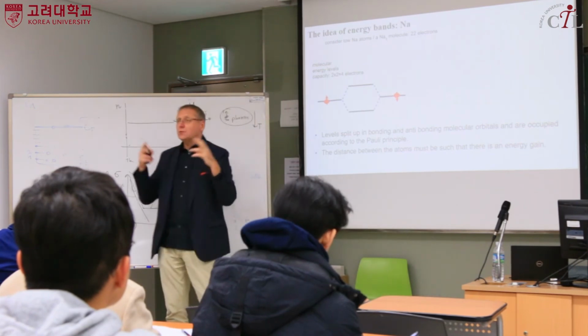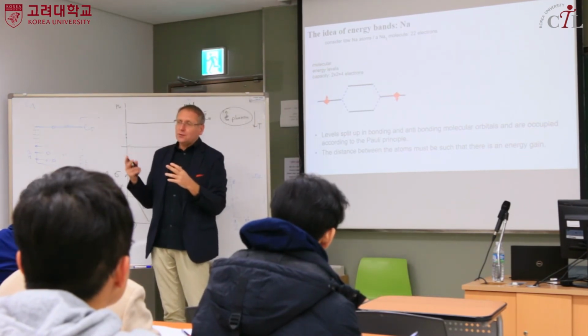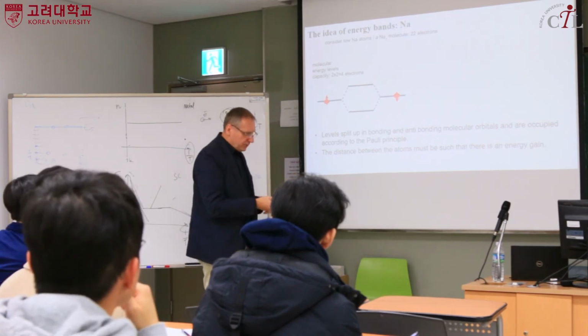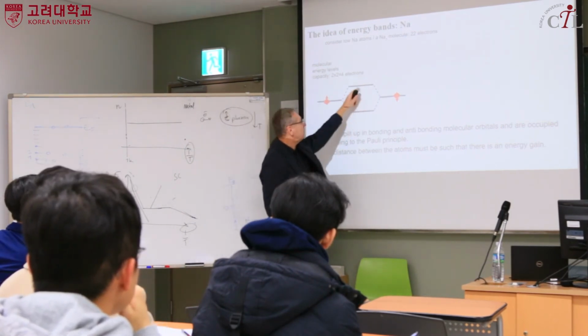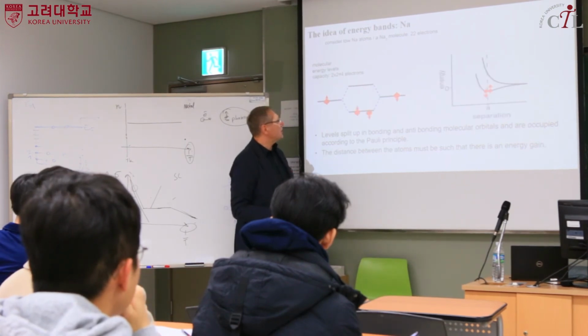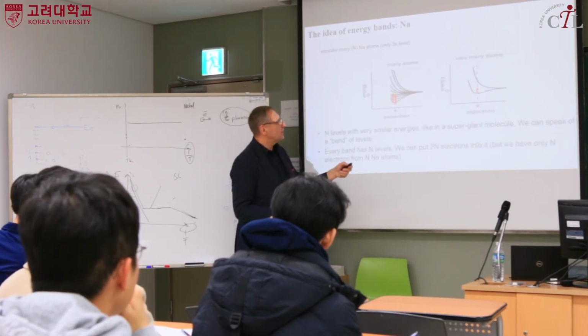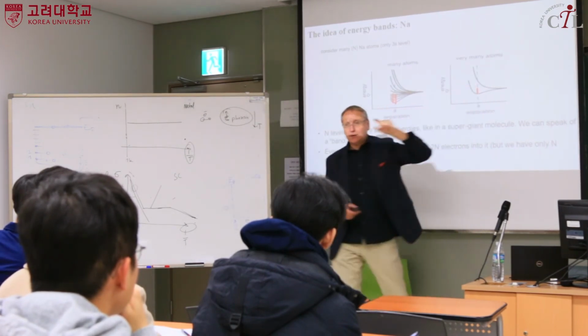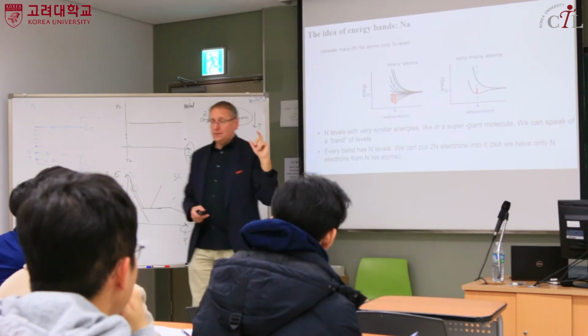But when you have 10 to the 22, like in silicon, for instance, instead of these two discrete levels, when you have so many, you get a quasi-continuous band.